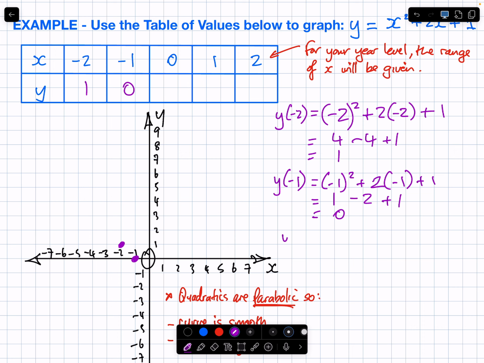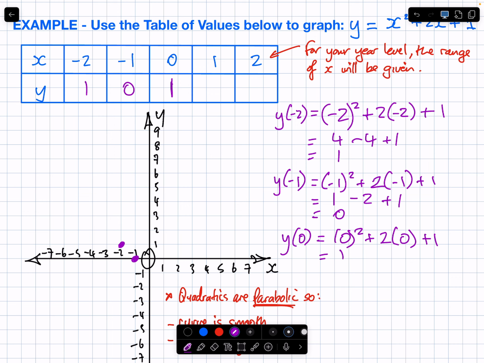So x for 0. Now can you tell me what my working out would be? 0 in brackets squared plus 2 in brackets 0 plus 1. 0 squared is nothing. 2 times by nothing is nothing. You've got 1 there. So 0, 1.